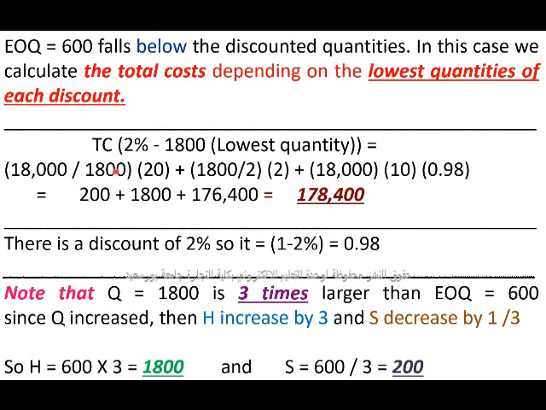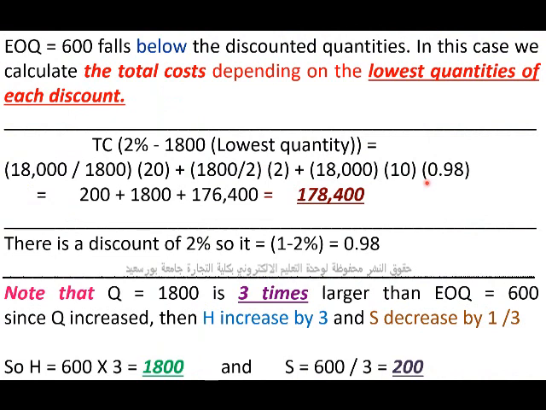So I will use the lowest quantity, 1,800, times ordering cost, plus this quantity over 2 times holding cost per unit, plus purchasing cost: demand times 10, this price or cost per unit, times the discount.